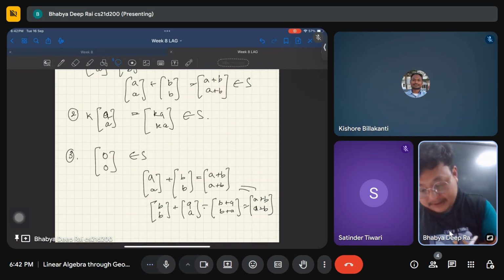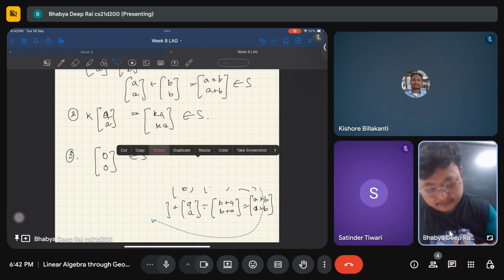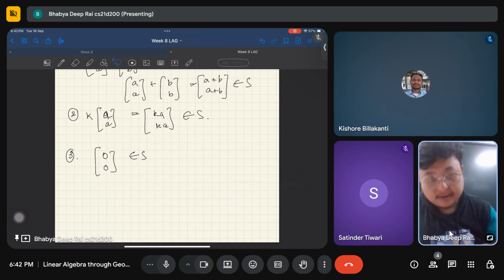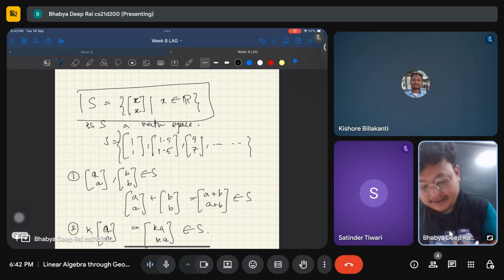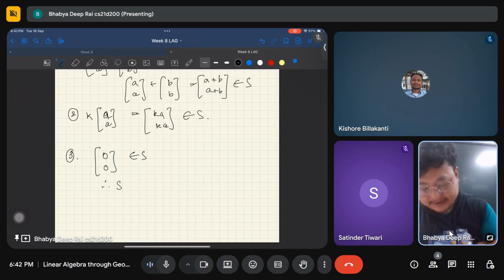Okay, so I'll remove this. Now you're convinced, right, that S is a vector space. Therefore, S is a vector space.